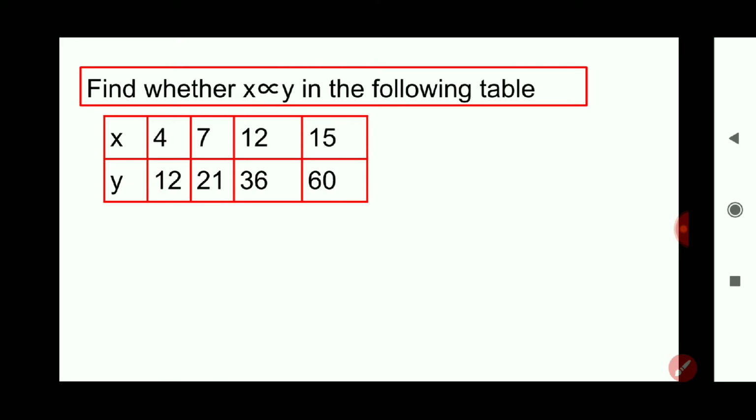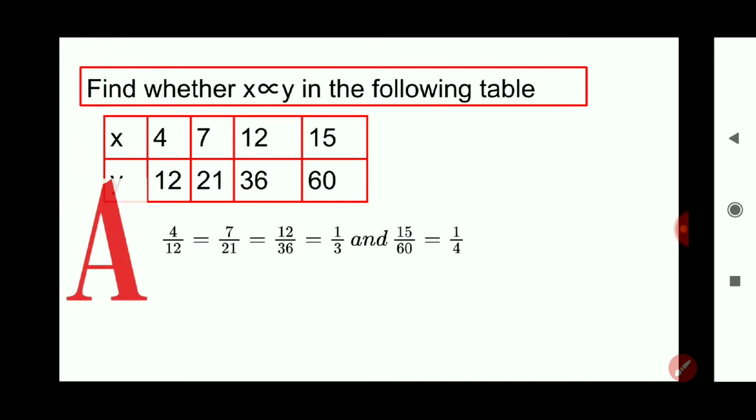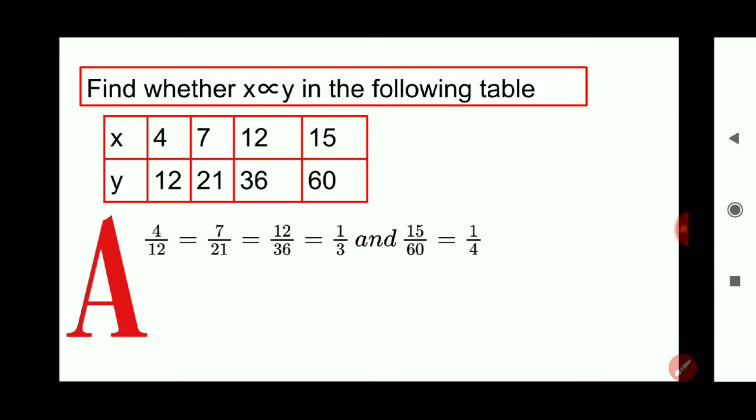One more question. Find whether x is directly proportional to y in the following table. If x is 4, then y is 12. If x is 7, then y is 21. If x is 12, then y is 36. If x is 15, then y is 60. From the table, 4 by 12 is equal to 7 by 21 is equal to 12 by 36 is equal to 1 by 3.